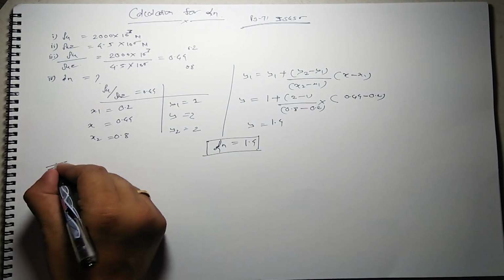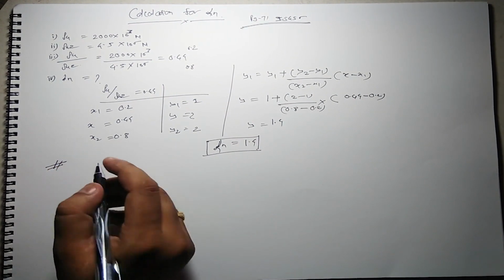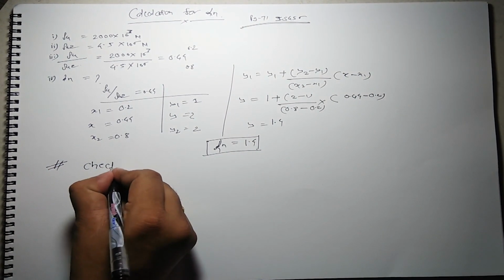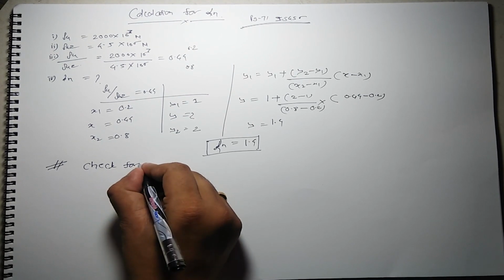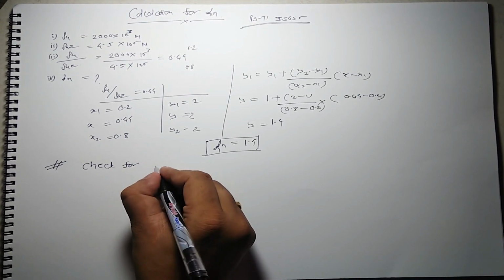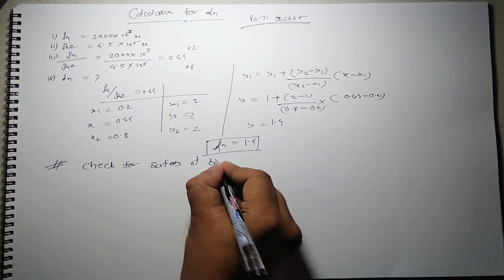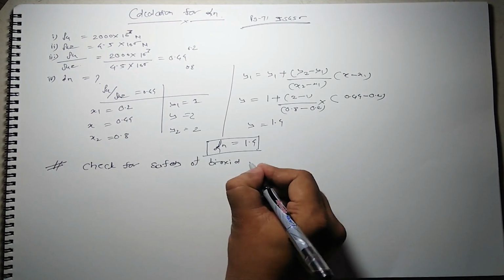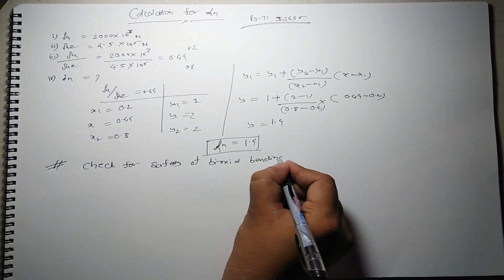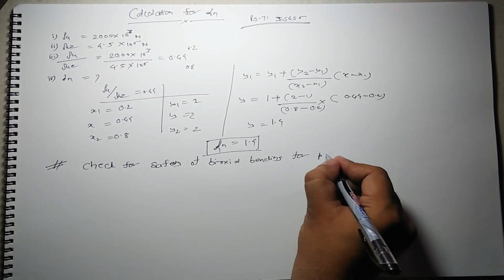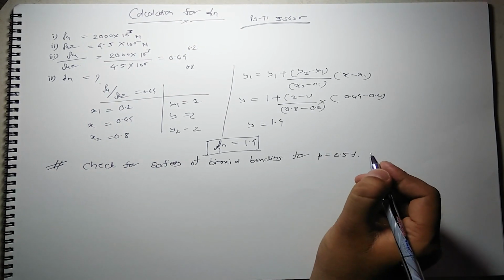Now, very important, check for safety of biaxial bending for our assumed percentage, that is 2.5.